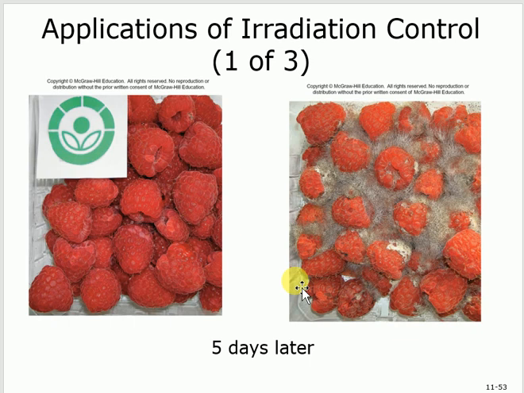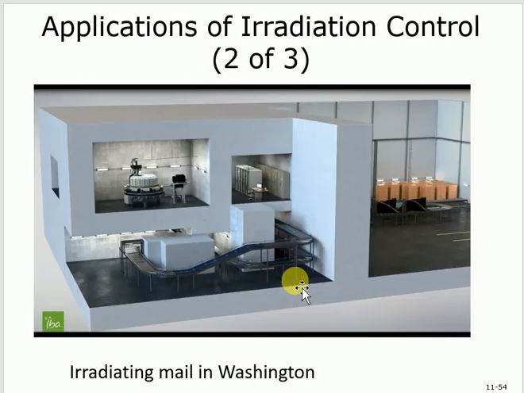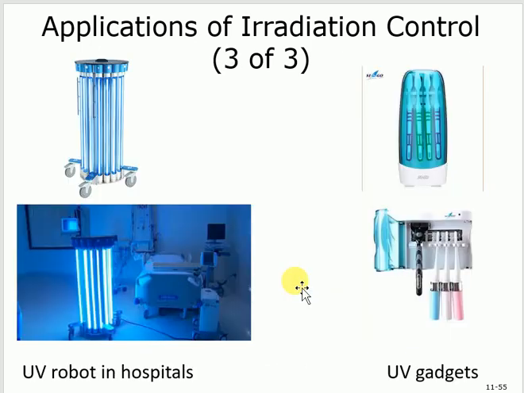This is the different uses they can use. They can irradiate foods, and this is how it looks before and after. They do irradiation of the mail just in case there's mail coming that has something, microbes. In the hospitals, they use the ultraviolet robot.